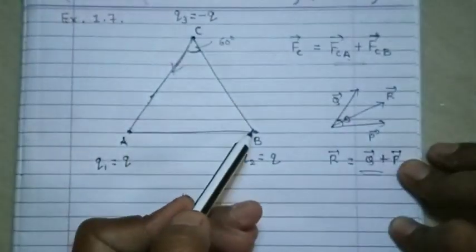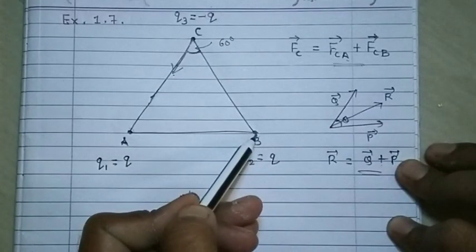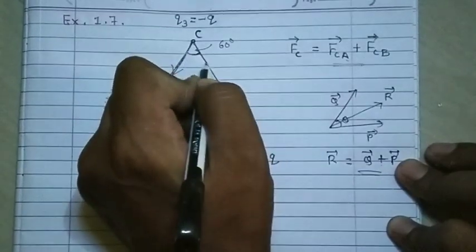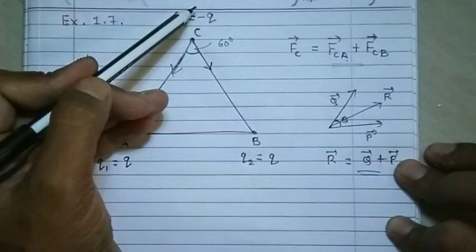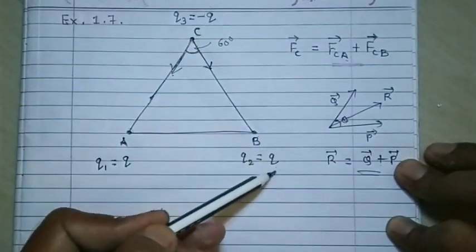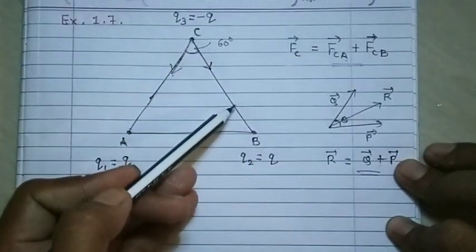Similarly, the force due to the charge at point B on the charge at point C again is towards this direction. Why? Again the reason is the same. Here the charge is negative and here the charge is positive, so this charge will attract this charge.